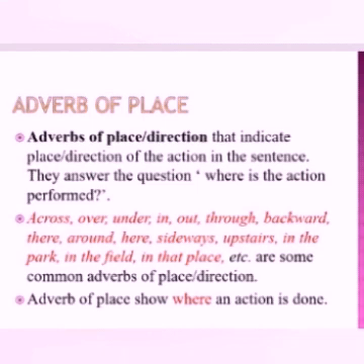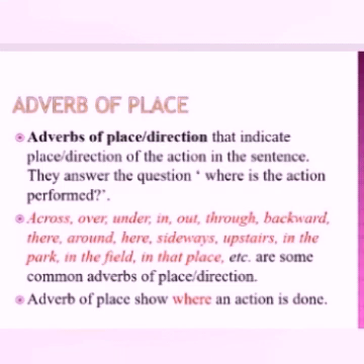Across, over, under, in, out, through, backward, there, around, here, sideways, upstairs, in the park, in the field and in that place, etc. are some common adverbs of place or direction.